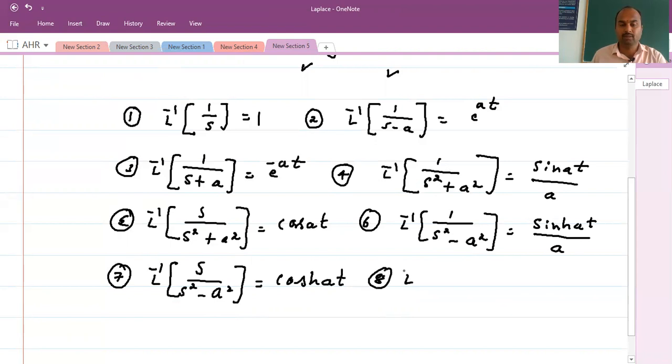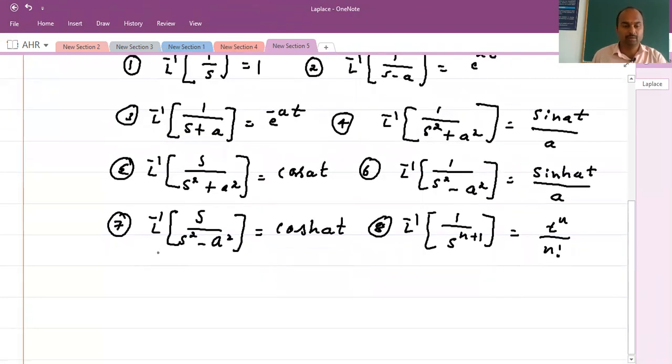Next, the inverse Laplace transform of 1 by s to the power of n plus 1 is t to the power of n by n factorial.